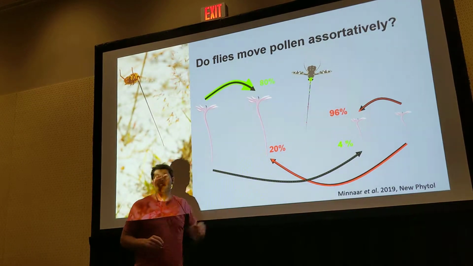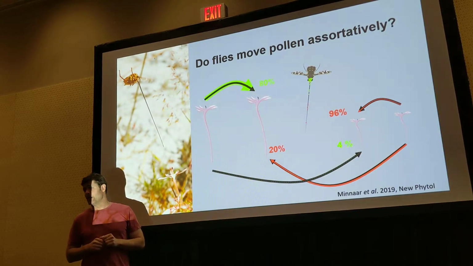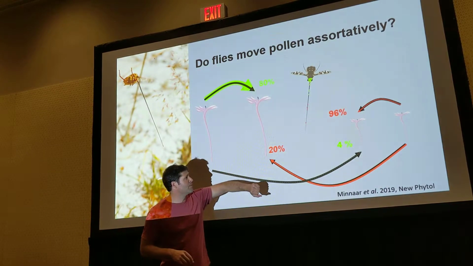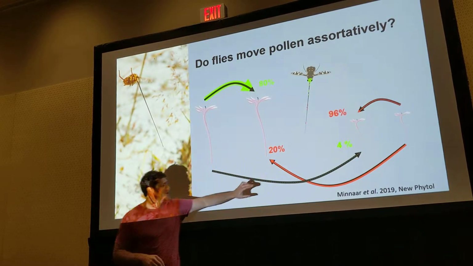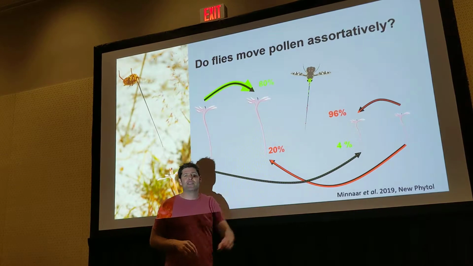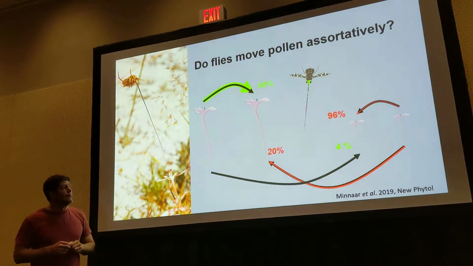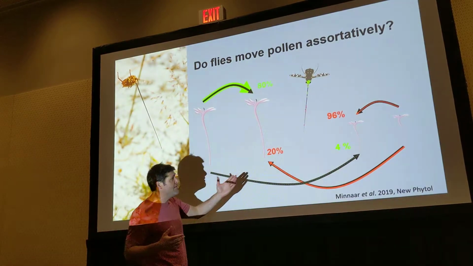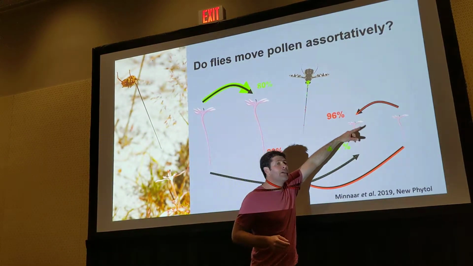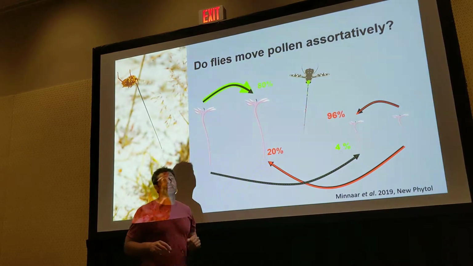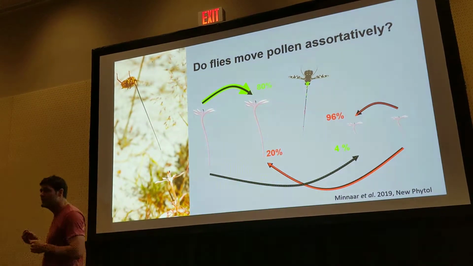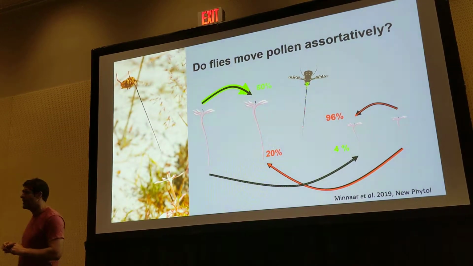Long flowers are receiving 80% of their pollen from other long flowers, only 20% from short. Short tube plants, you can see by the narrowness of those arrows, are moving very little pollen around. And even though they're moving very little pollen around, 96% of the pollen found on short tube stigmas was from other short tube flowers.